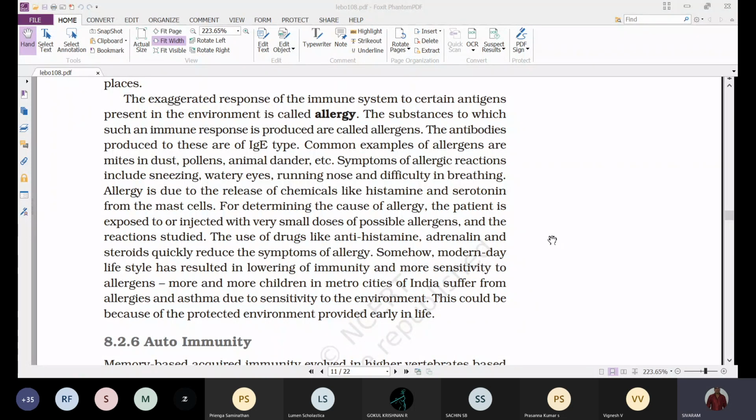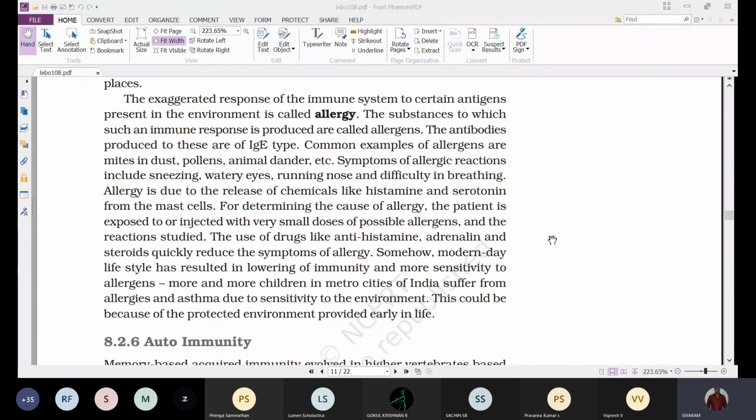Immune responses. Okay, common examples of allergens are mites in dust, pollen in the air, and animal dander, that is the dust that is produced from dried cow dung. That is called animal dander.